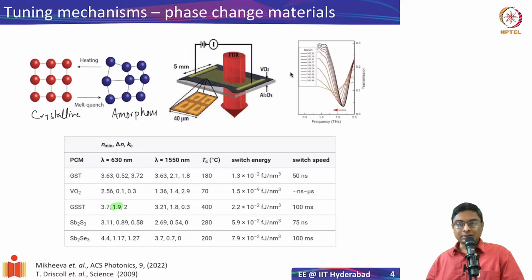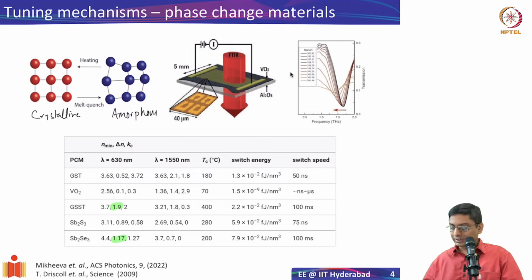Similarly, antimony selenide has 1.17. So these have very large change in the refractive index, and that's something very useful for us, because the moment the refractive index in the surrounding environment changes, the resonant property shifts, right? We understand that already. And if we see a large change, it turns out that the speed with which you can actually change it is not very high.